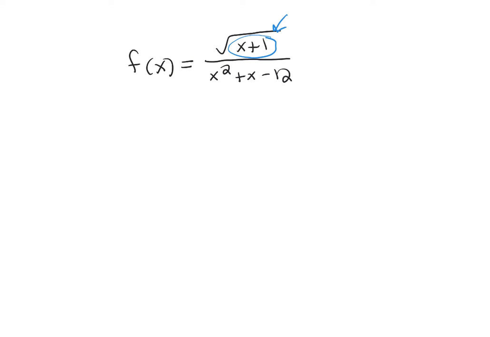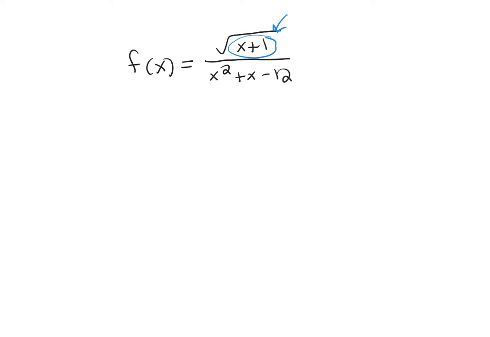All right, so now let's look at f of x equals the square root again of x plus 1, but this time it's over x squared plus x minus 12. So what you want to do is just look for where you are going to have restrictions. The numerator only matters because of the square root.